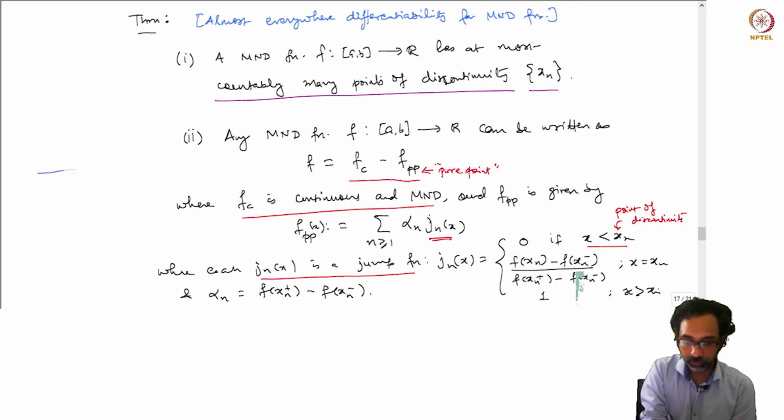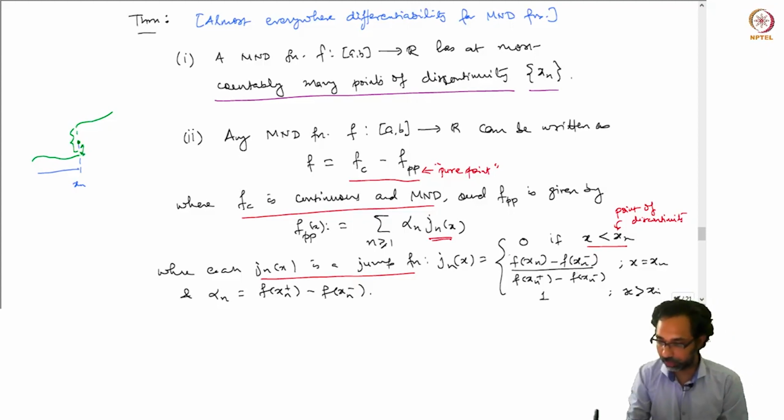For example, if this is xn, then f comes from the left of xn, but it might take a value strictly higher than the left hand side limit, and then again because it is increasing there will be a right hand side limit, and so this fraction of the entire length is given by this formula here.